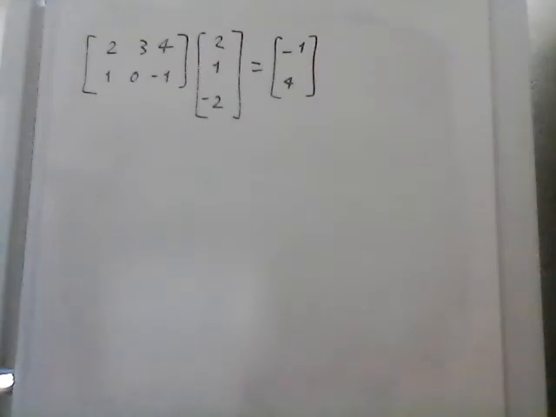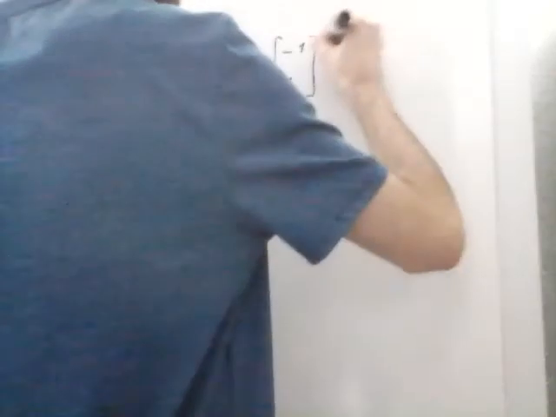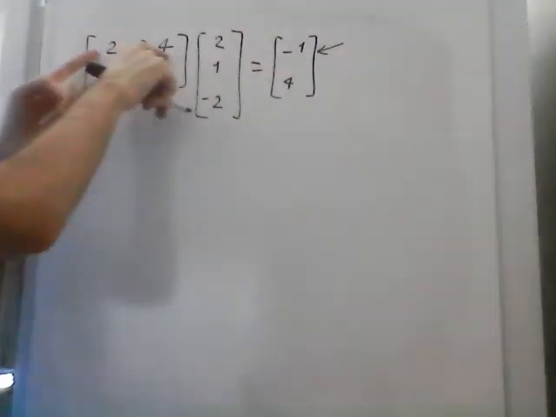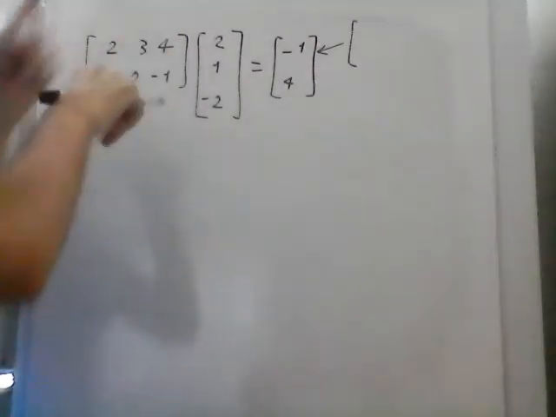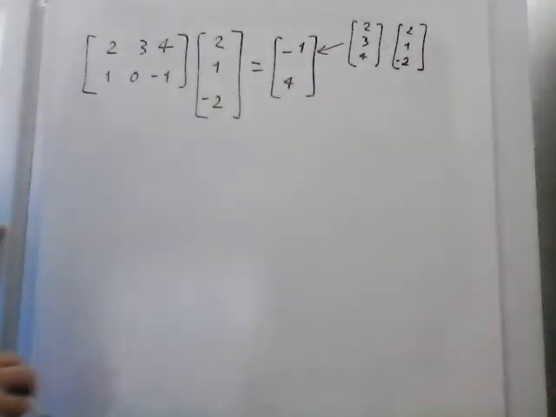It turns out that the first component of the resulting vector is the dot product of the first row and the column vector. So instead of writing it as a row, we write it as a column vector. And if we take the dot product of that row with the vector, we get exactly negative 1.